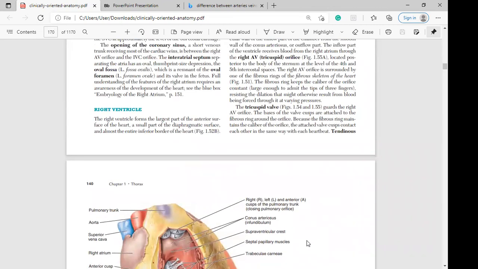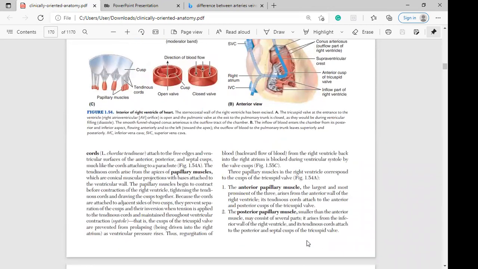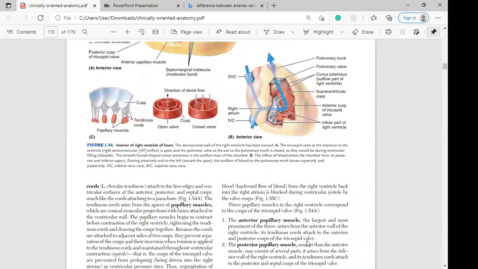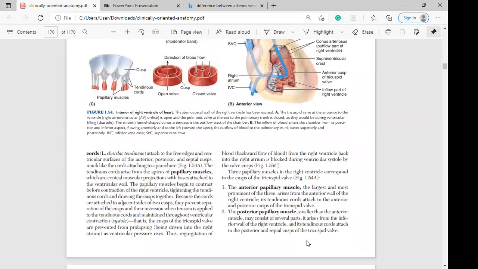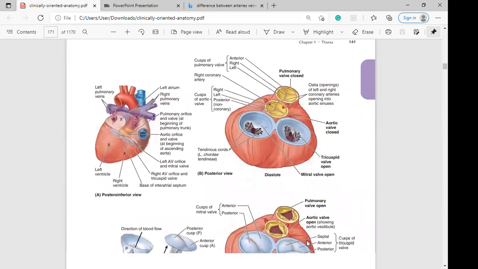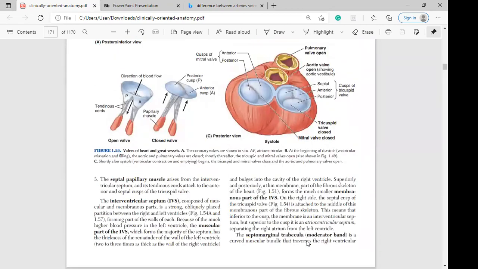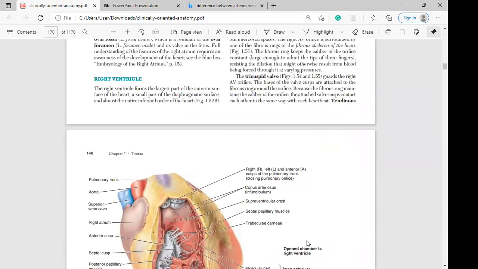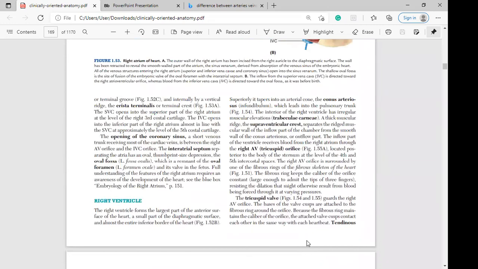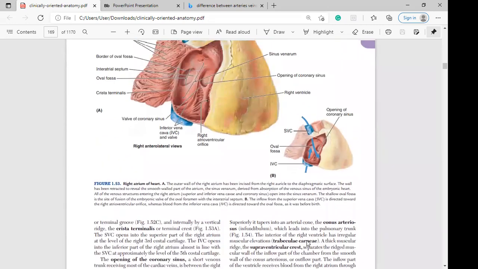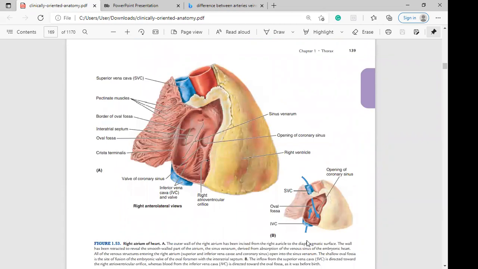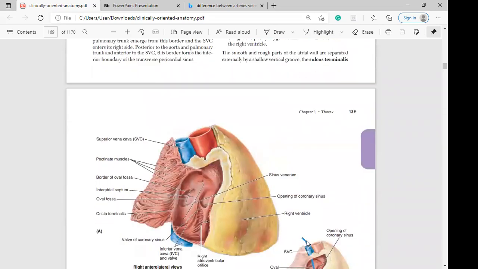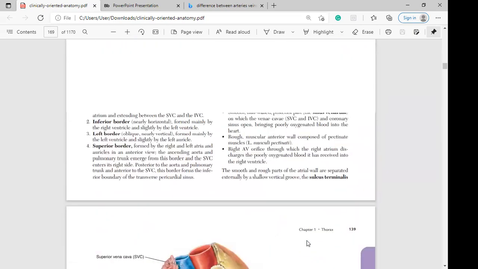Then we'll look at the inner layer of each of these chambers of the heart. So tomorrow we will answer some questions on the heart and the blood vessels, and then I would maybe give you more diagrams to explain all the structures of the heart, the innermost structure of the heart.